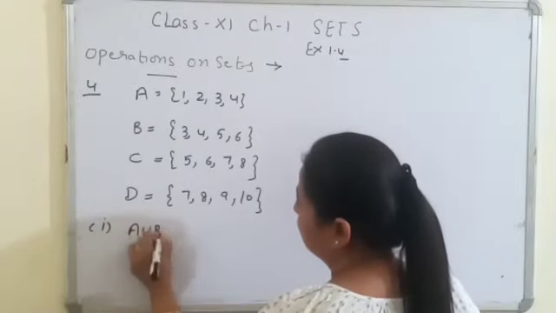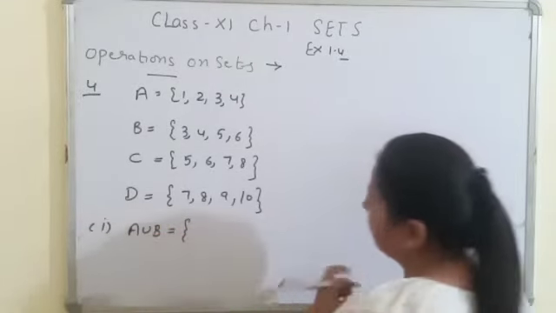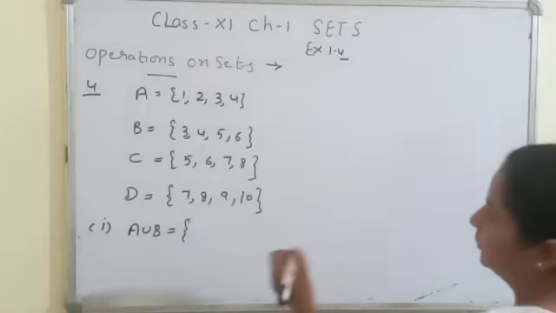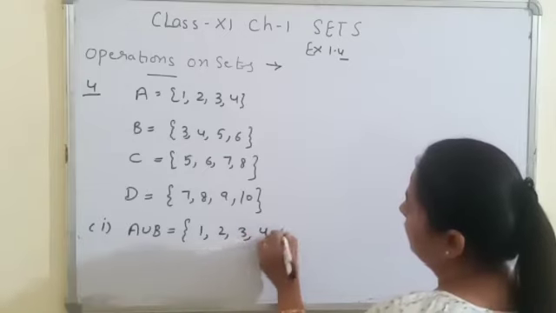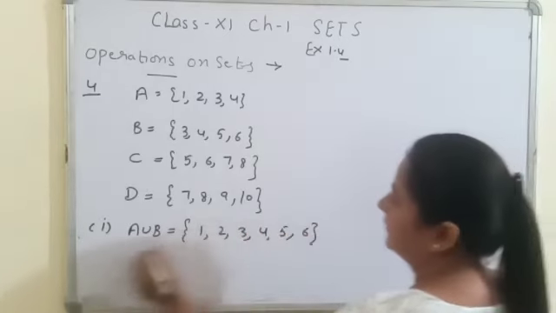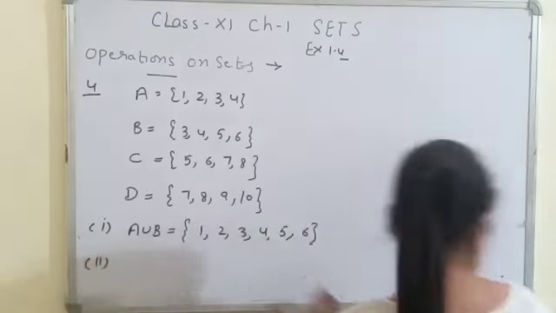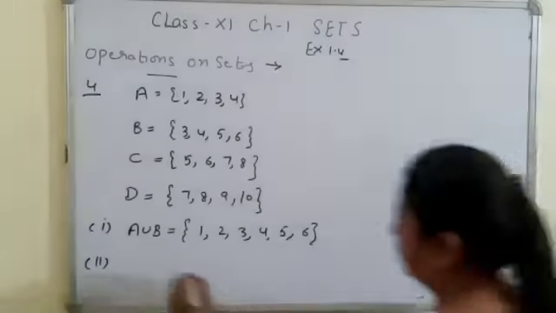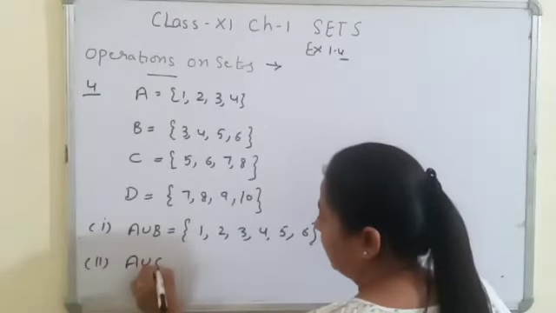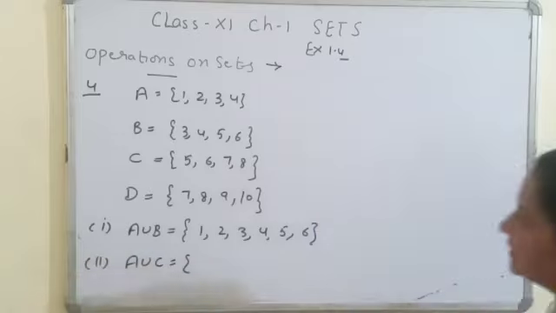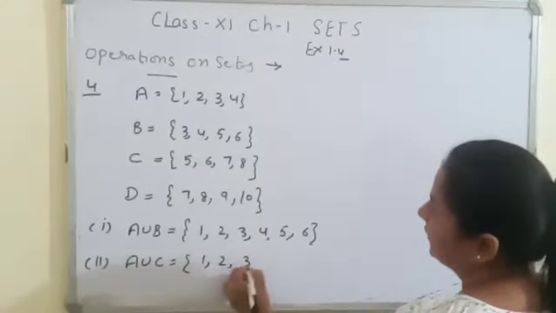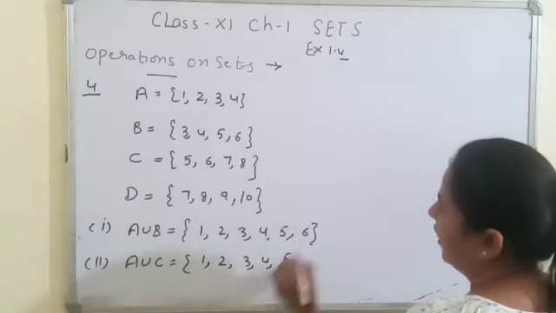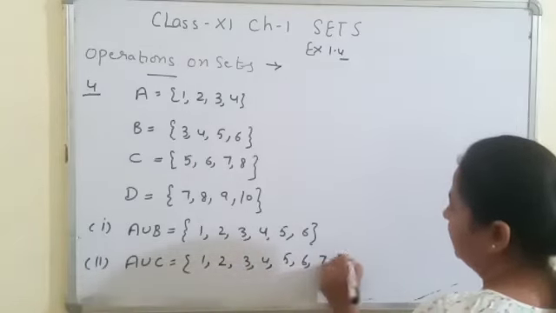Now these four sets are given to us, and for the first part we have to find A union B. Hope you can easily write A union B. This is 1, 2, 3, 4, 5, 6. Second is A union C. You have to write all the elements of set A and set C. These are 1, 2, 3, 4, 5, 6, 7, 8.